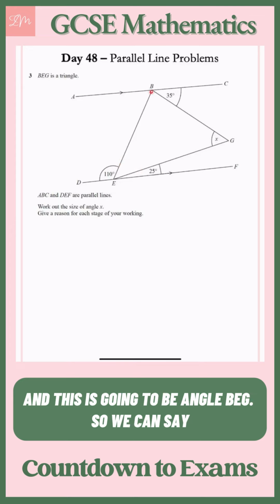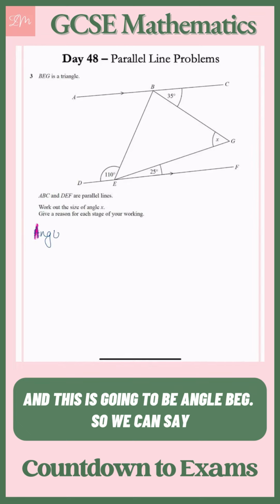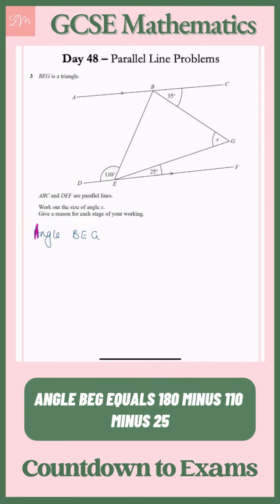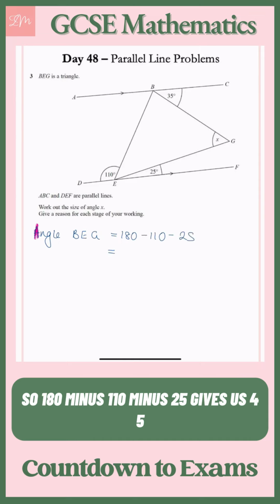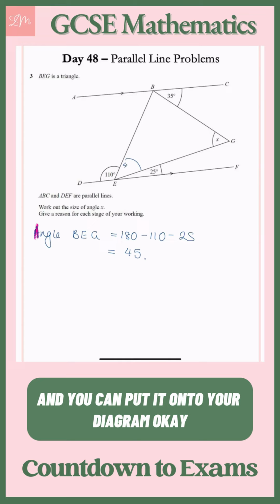And this is going to be BEG. So we can say angle BEG equals 180 minus 110 minus 25. So 180 minus 110 minus 25 gives us 45. And you can put it onto your diagram.